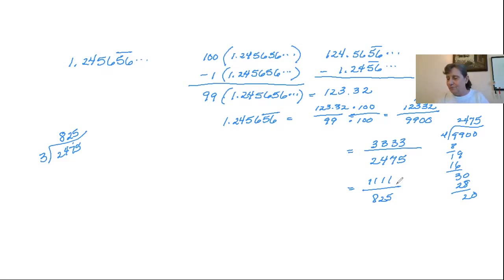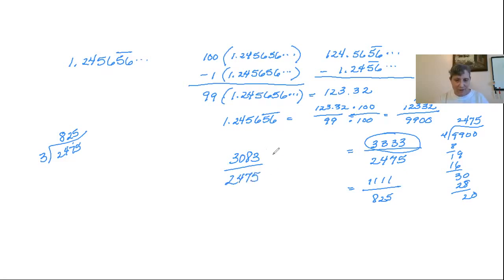Okay, back up. I made my mistake when I was reducing right here. 12,332 divided by 4 is 3083. 9,900 divided by 4 is 2475.